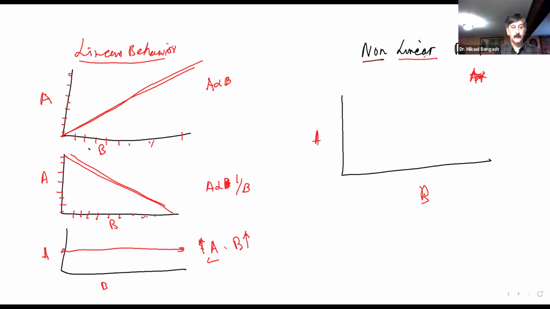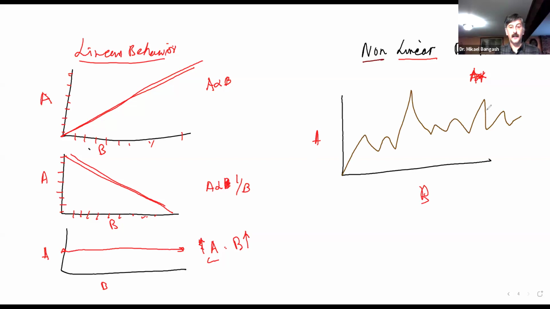If we draw that, they may start at the same point, but something like this. Clear? So that's going to be a non-linear relationship.